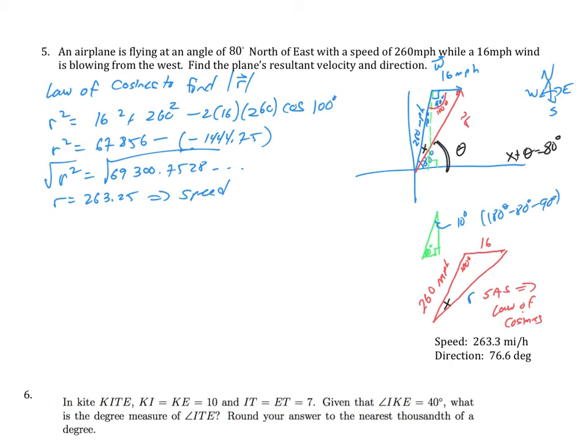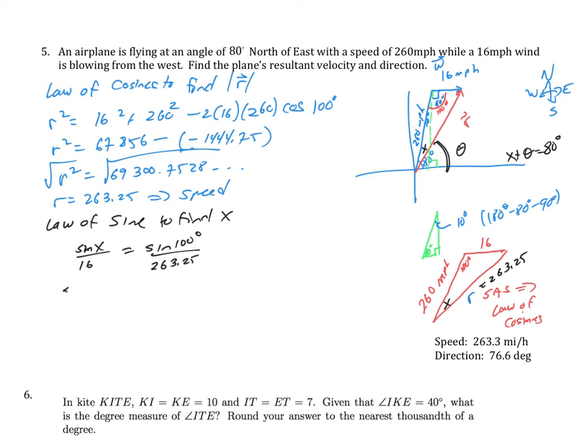Now that we know that r is 263.25, we can use the law of sines to find x, the angle inside the triangle. So I'm going to have sine of x over the side length opposite it, which is 16, equal to sine of 100 over the speed of the plane, the resultant speed, which was r, 263.25.